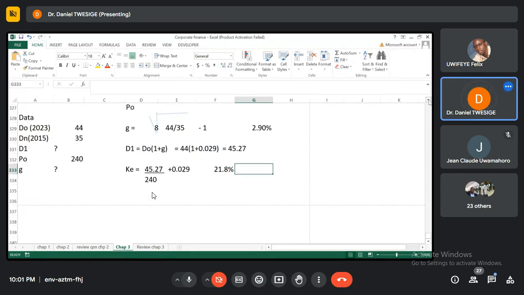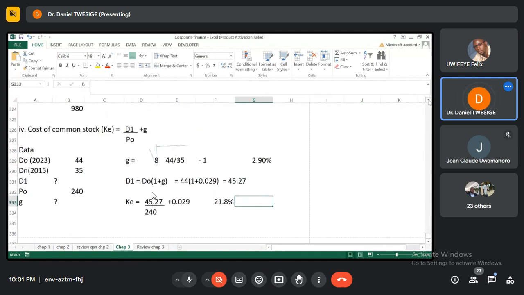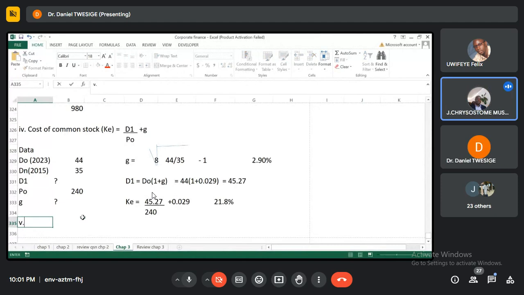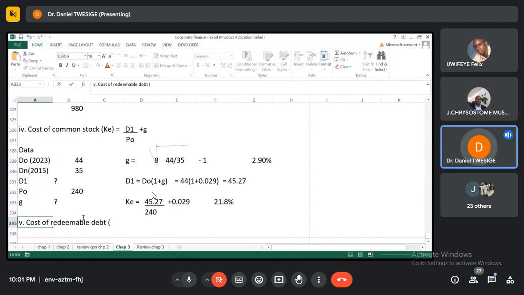Now, if you don't have a question, I can go to the cost of redeemable debt. That is number 5. Cost of redeemable debt, and we're going to abbreviate it as KRD.